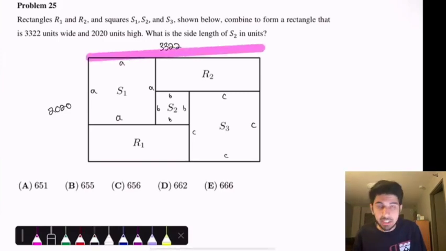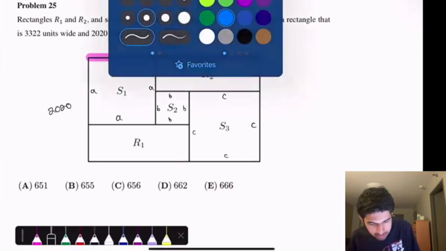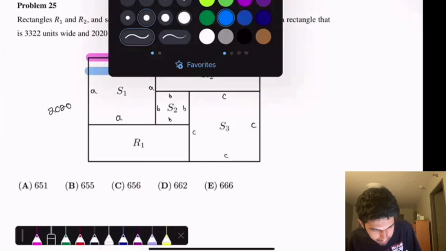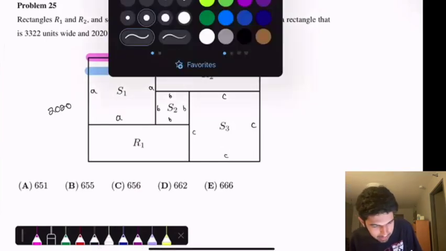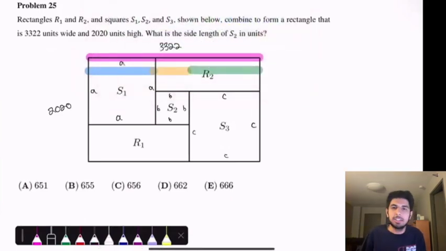So this is the line that we want to decompose, and we can decompose it into this blue line plus this orange line plus this pink line. And the reason why I broke it up like that is because the lengths I broke it into are very, very specific.